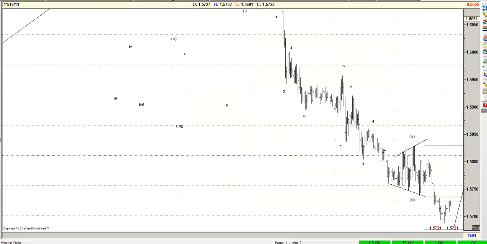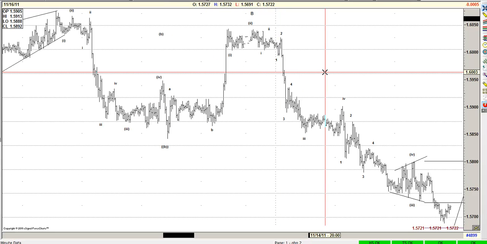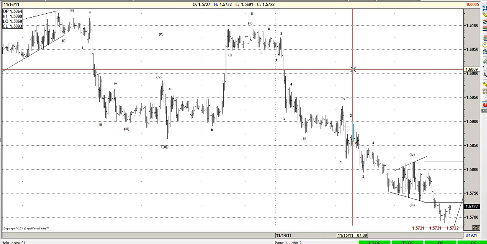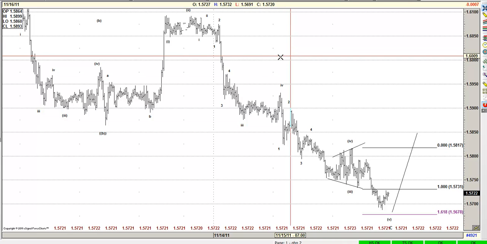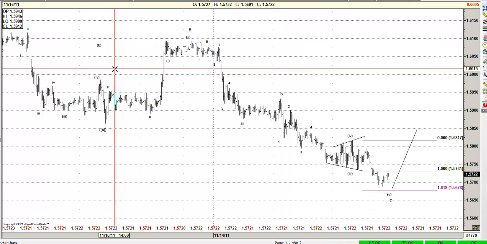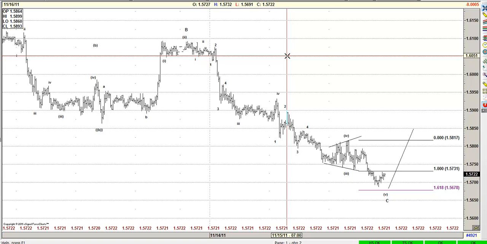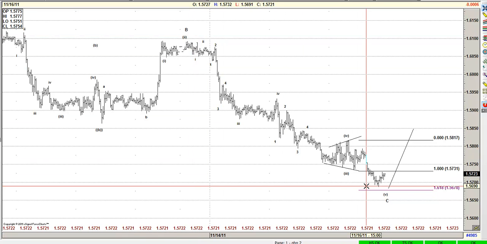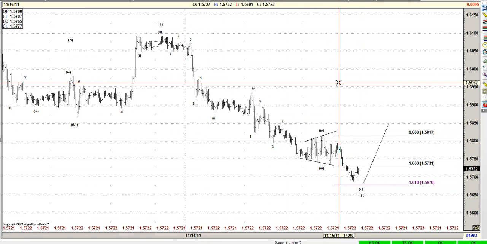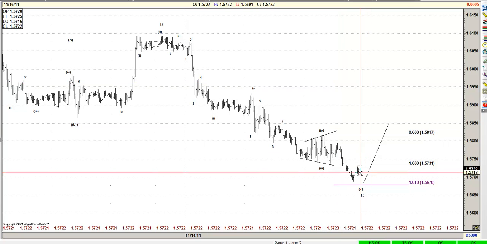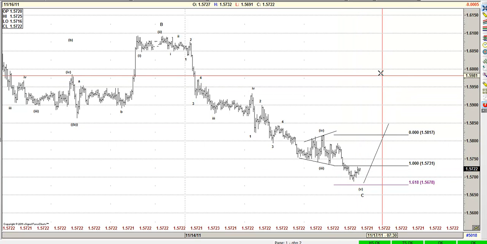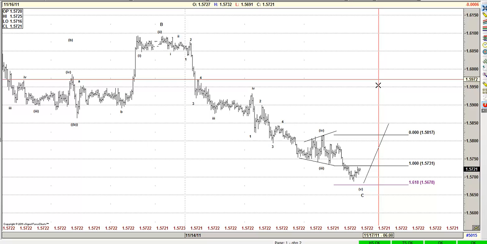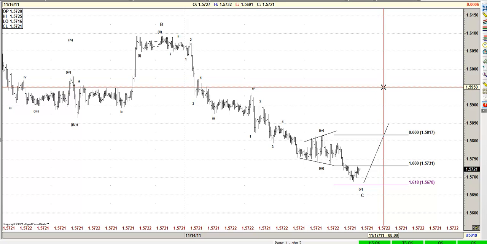I mean, if the S&P drops to 1189, there is no structure here that allows that drop before a huge pullback, let's say to around 159, 160.